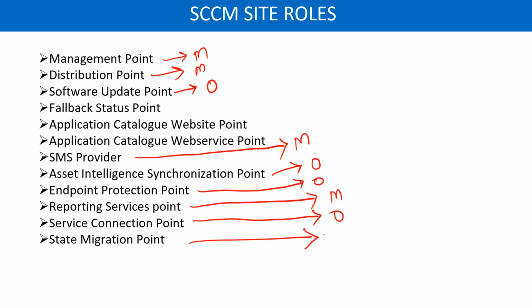The last one, optional. Okay. Fallback status point is also optional, and these two roles, application catalog website point and web service, are no more there in SCCM. They have been retired. Microsoft discontinued these two roles. Okay.